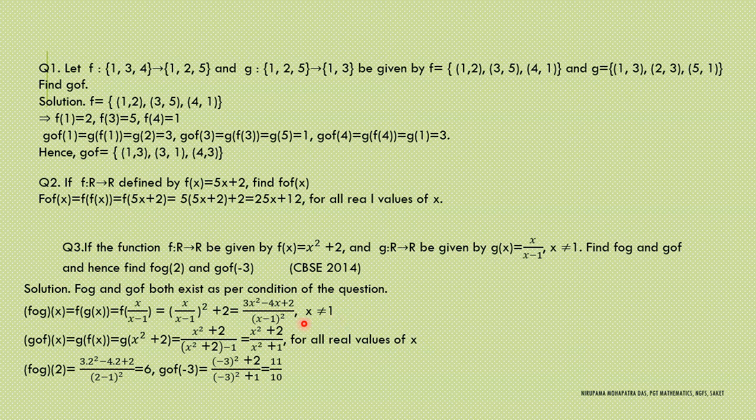where x not equal to 1. Similarly, g of fx, where fx is replaced by x square plus 2, because we are given fx equal to x square plus 2. So g of x square plus 2. What is gx? Gx is x by x minus 1.